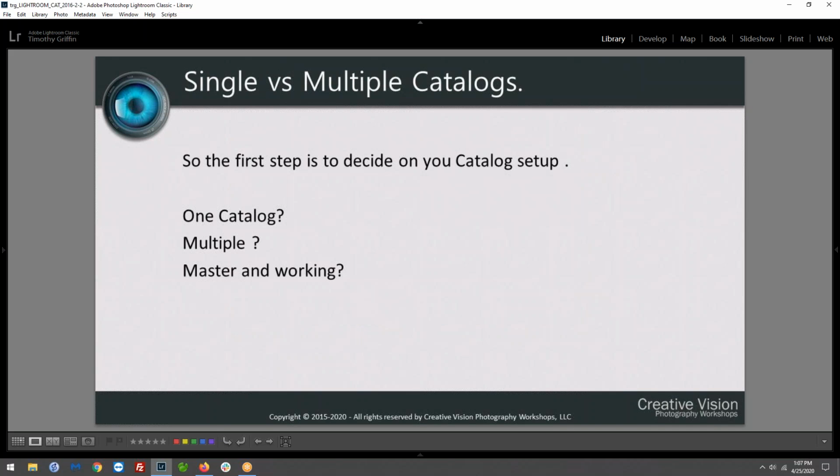So one thing to think about is, do I want a single catalog? Do I want multiple catalogs? Another philosophy that I've run across, especially from photographers who do a lot of shooting for very specific projects, is they would create a working catalog for that project or job of just those images.